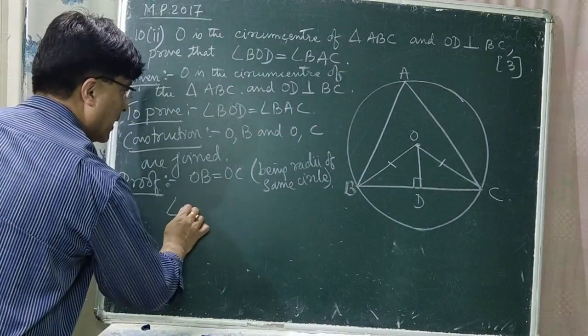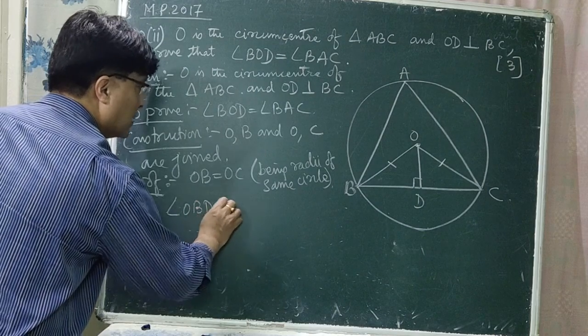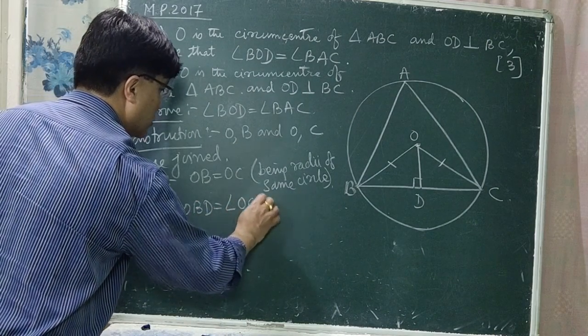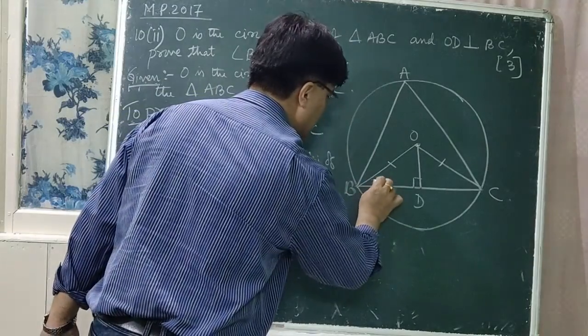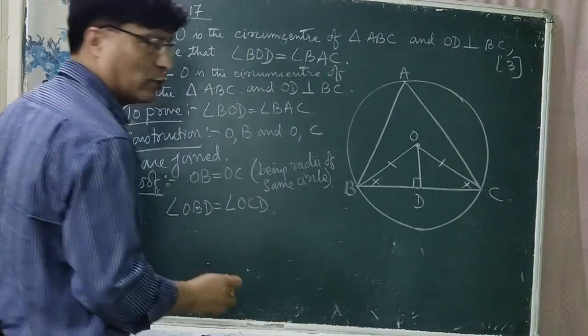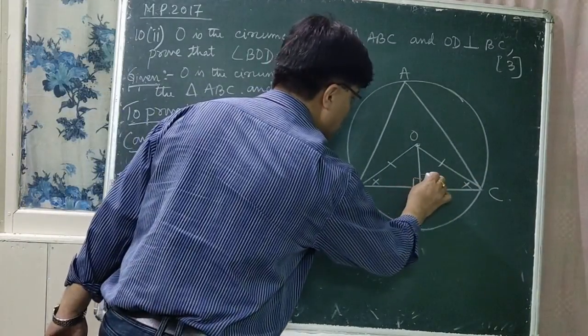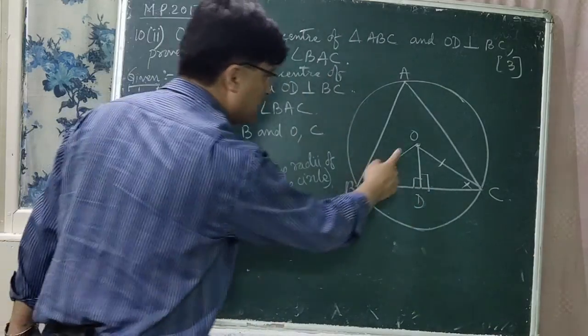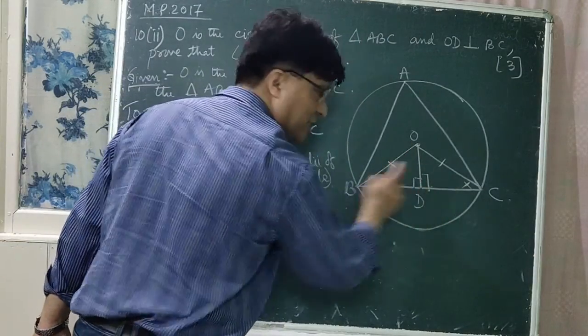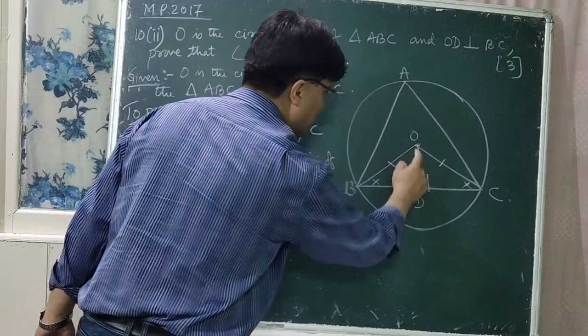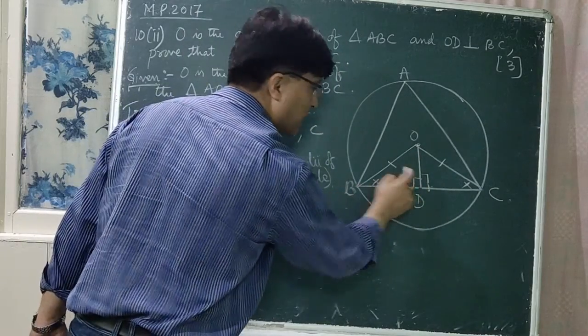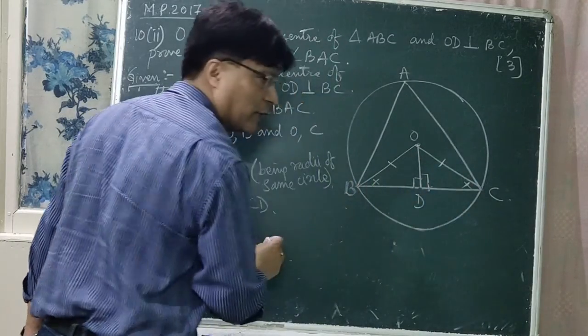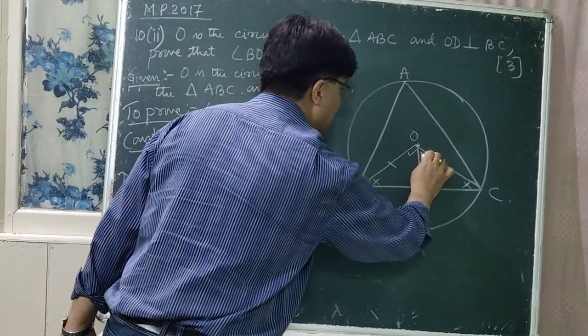That is, angle OBD is equal to angle OCD. And these two are 90 degree. They are also equal. That is, angle ODB is equal to angle ODC, because both are 90 degree. So remaining angles are also equal.